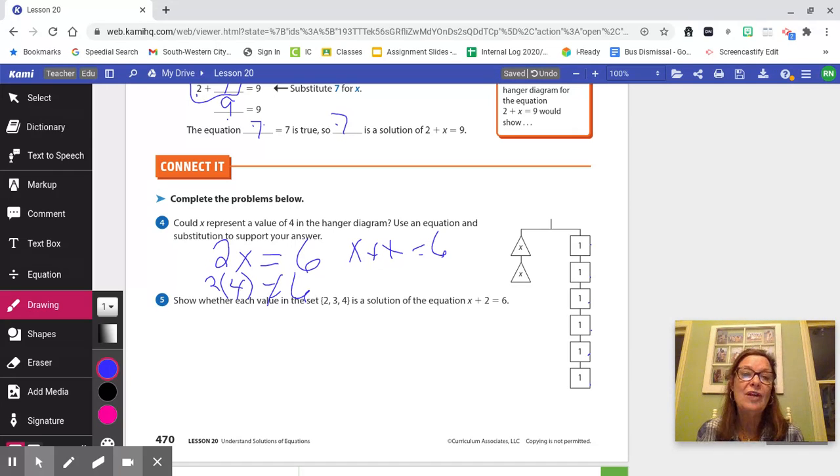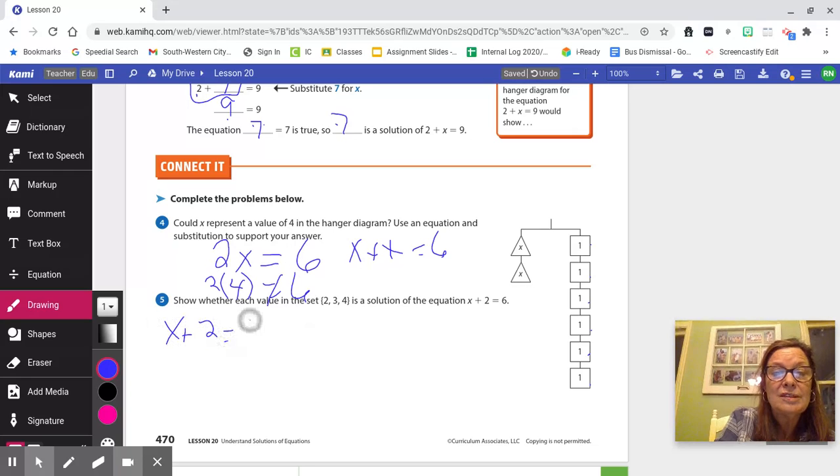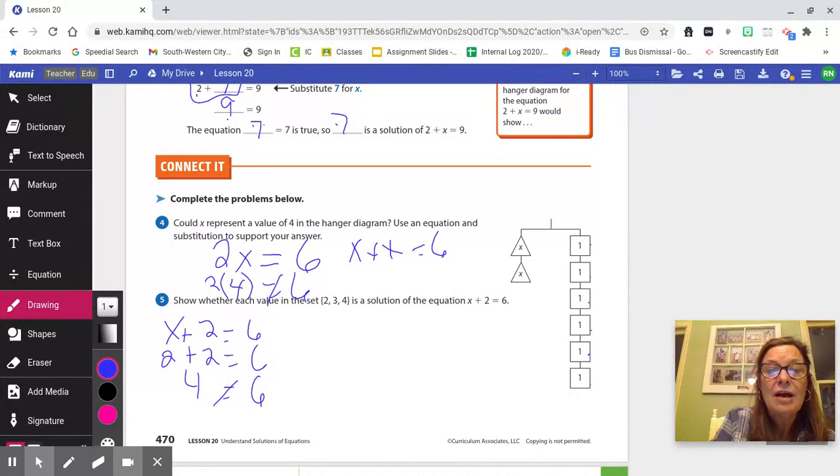Show whether each value in the set 2, 3, 4 is a solution of x plus 2 equals 6. So x plus 2 equals 6. I'm going to substitute with 2. 2 plus 2 equals 6. 4 equals 6. No. My next one, x plus 2 equals 6.